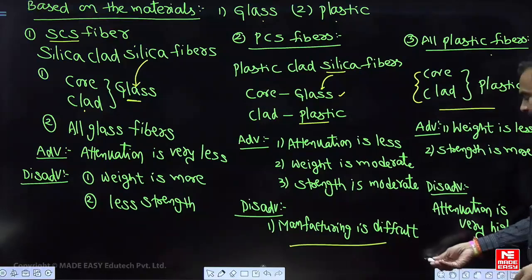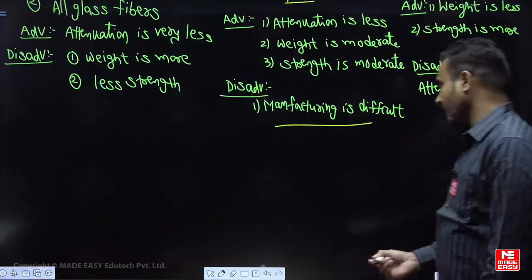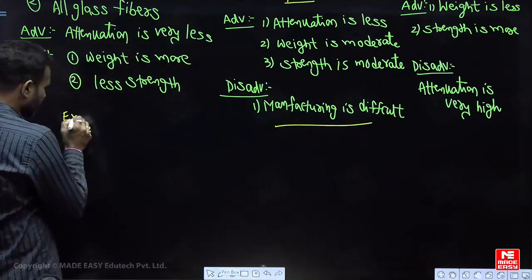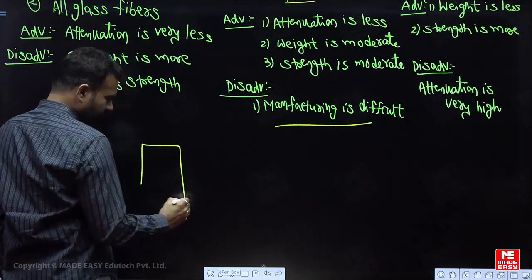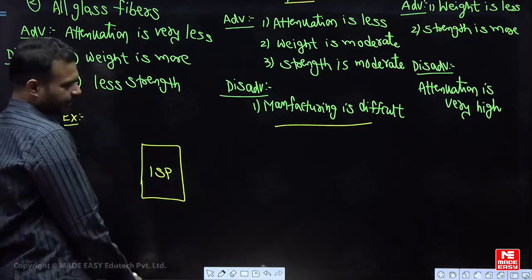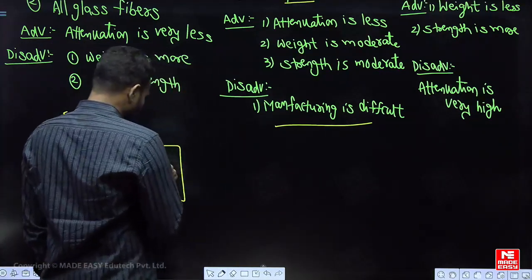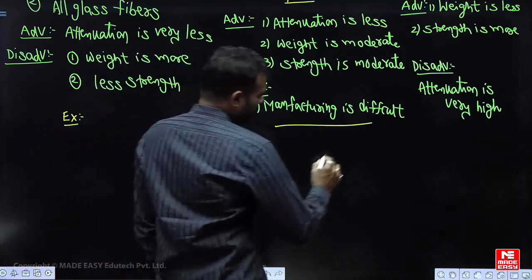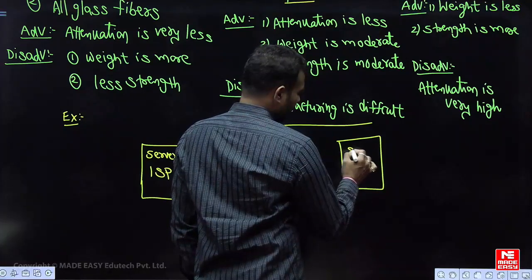I need to explain this with a small application, so that you can get clarity regarding where we are using these fibers. Please see here, I can take a small example. We have two servers. Assume that this is an ISP, which stands for Internet Service Provider. This is server 1, and ISP server 2.